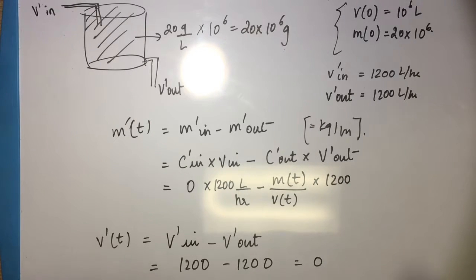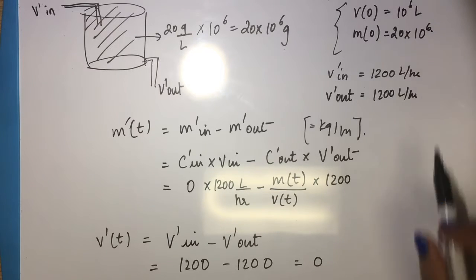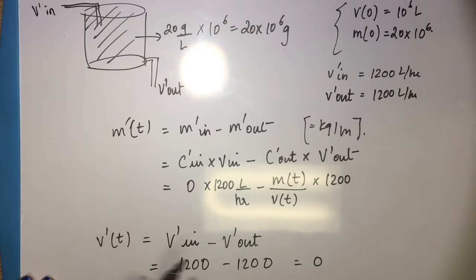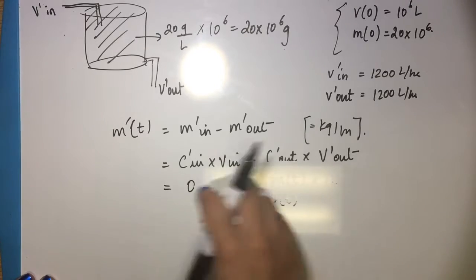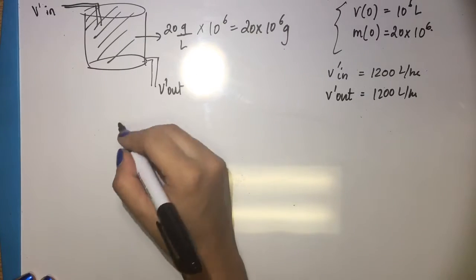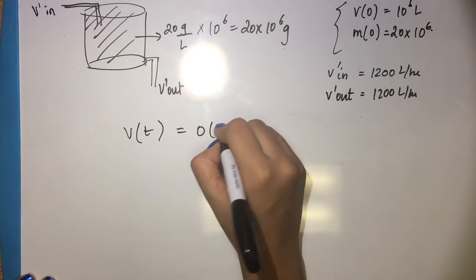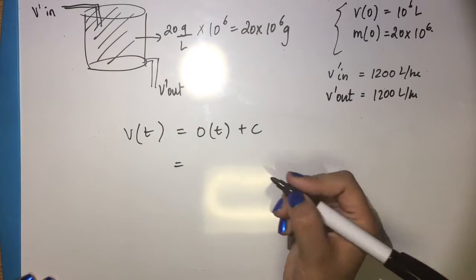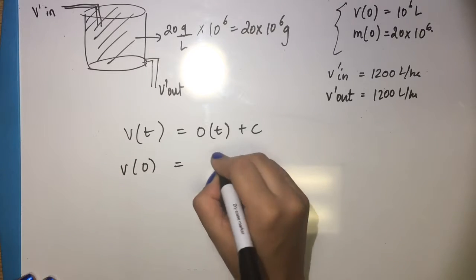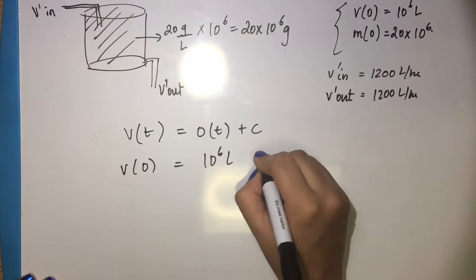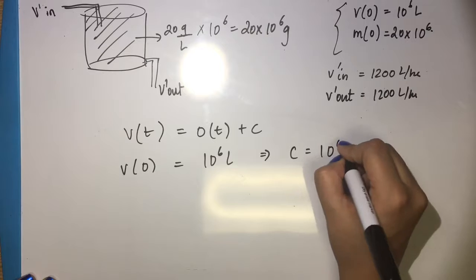Now integrating both sides, we get this, and this is where we would use the first initial value that we have. So we could probably write this somewhere on the top. On integrating V'(t), we get 0t plus c, and V naught is equal to 10^6 liters, and so c is equal to 10^6.